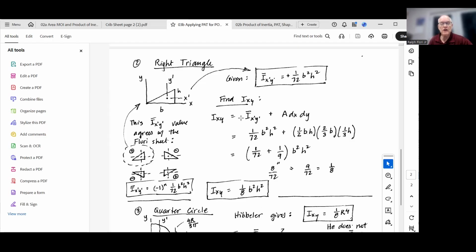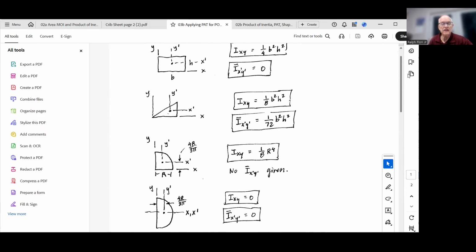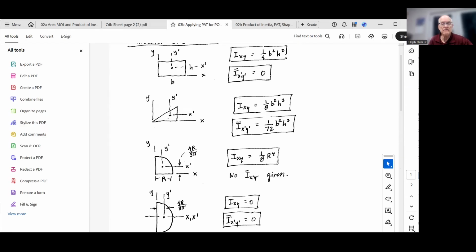And so finally, we use the parallel axis theorem to prove that Ixy is 1/8 b squared h squared. And that's what he gave. So you should be able to go back and forth between the two using the parallel axis theorem if you chose.